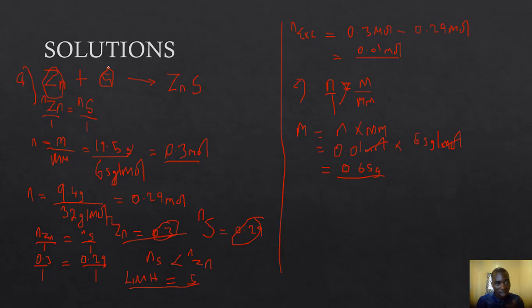Since we found that sulfur was the limiting reactant, we are going to say the number of moles of sulfur over 1 is equal to the number of moles of what? Zinc sulfide over 1. We have chosen sulfur because it is the limiting reactant. So how much mass is produced all depends on the limiting what? Reactant.